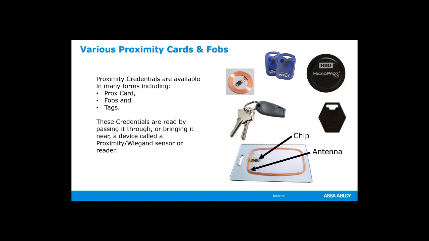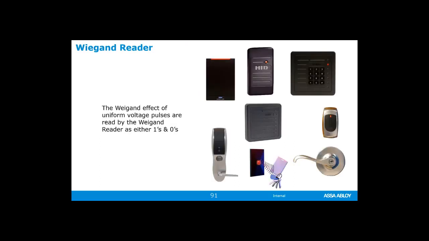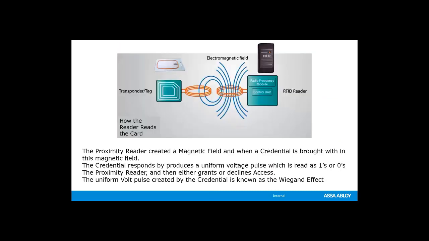The proximity credentials are available in many forms such as PROX cards, fobs, and tags. Simply presenting the credential within range of a proximity reader will activate the Wiegand effect within the card. The Wiegand effect produces a uniform pulse, which is read by the Wiegand reader as ones or zeros.